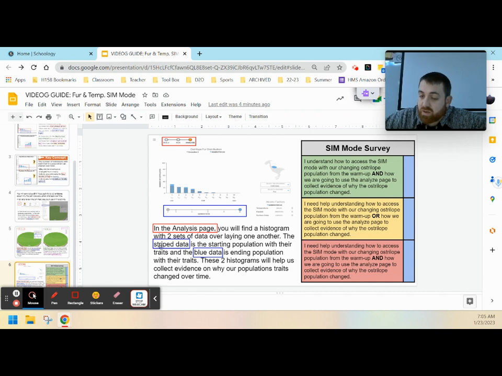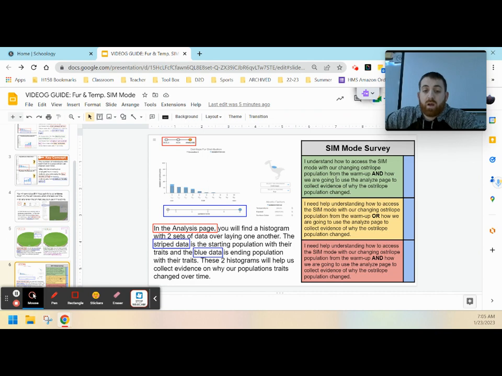That's the ending population. These 2 histograms are going to help us collect data as to why our population changed over time. So we're going to be exploring how our population changed from our warm-up histograms. We're going to use our sim to really dive into the evidence that explains why that change occurred.